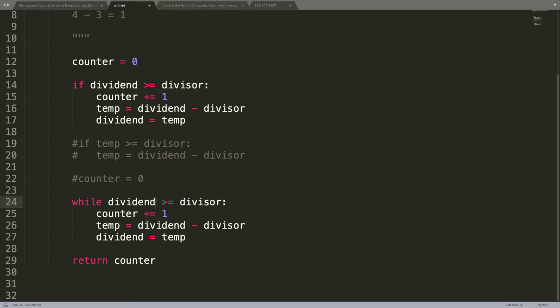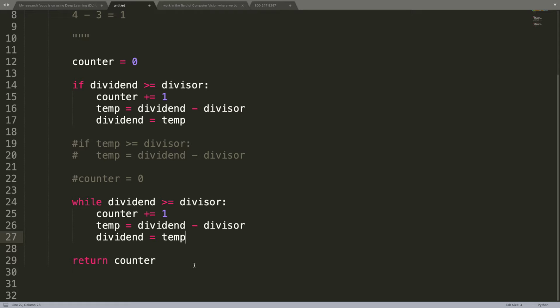Then you check, is dividend greater than or equals to divisor? No. Then it returns the counter, which is 3. I think that works. Another way of eliminating this line could be for me to just say dividends equals to dividends minus divisor. Here too, I can just say dividends equals to dividends minus divisor. But let's just leave it to make things clear.